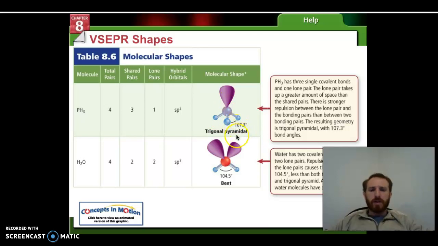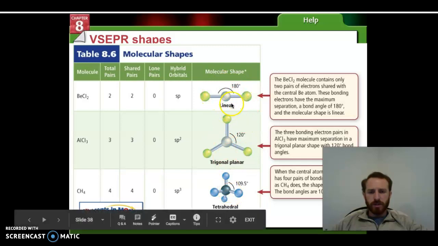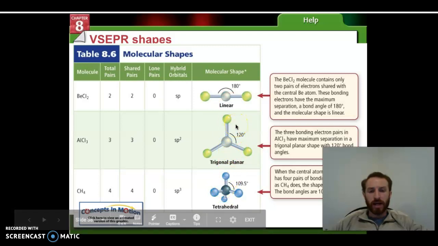So one thing to note, which we talked about in the lab, is that these molecules here have no lone pairs, and so they're all going to be what we call non-polar.